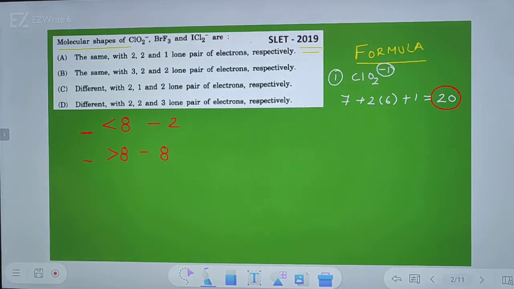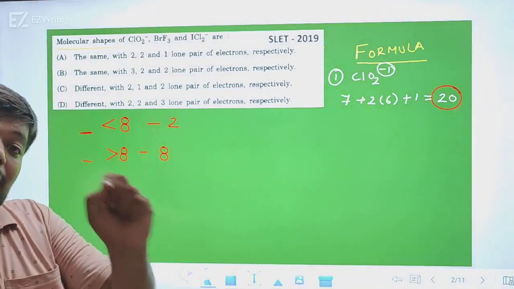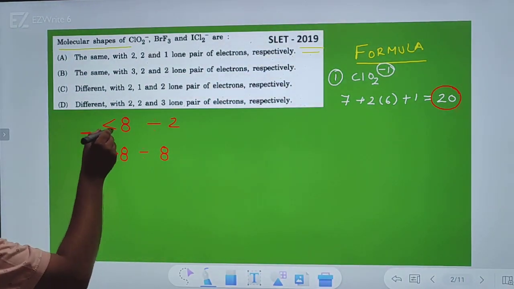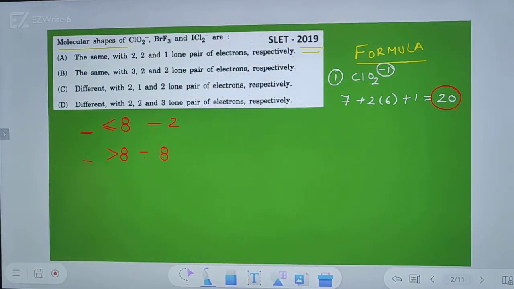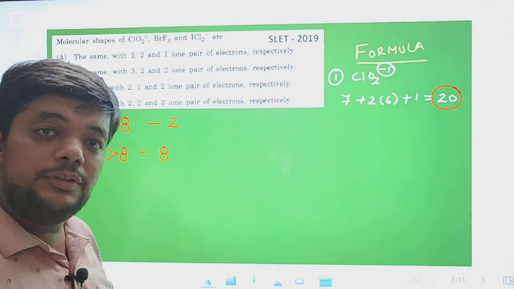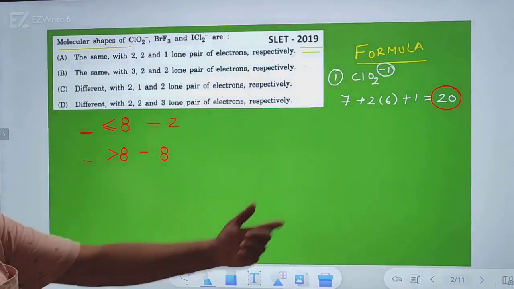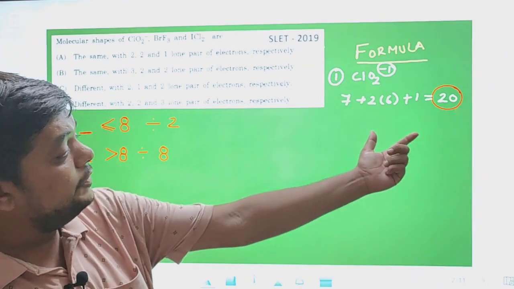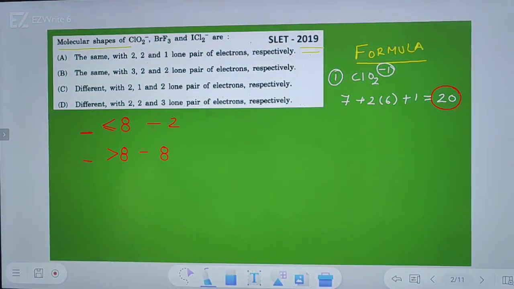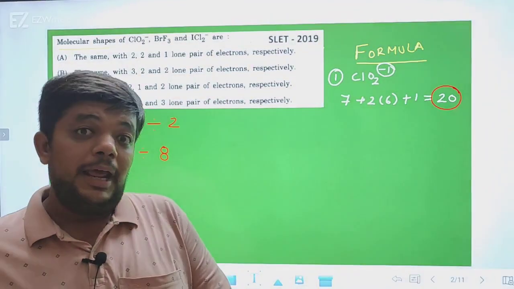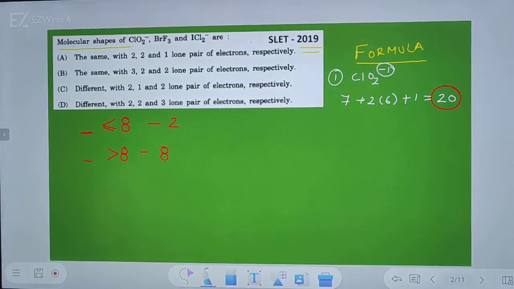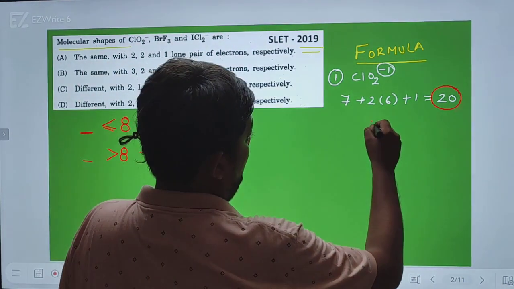If this total is exactly equal to 8, always divide it by 2. So we have two scenarios: if the total number of valence electrons in each atom in a molecule or ion is less than or equal to 8, we divide it by 2, and if this number exceeds 8, we divide it by 8.